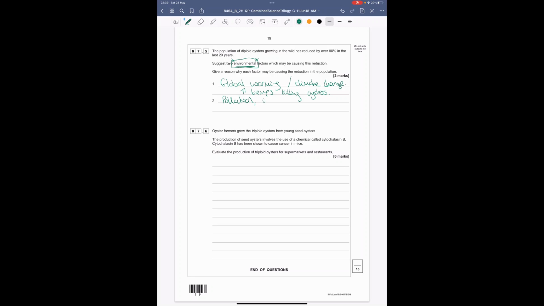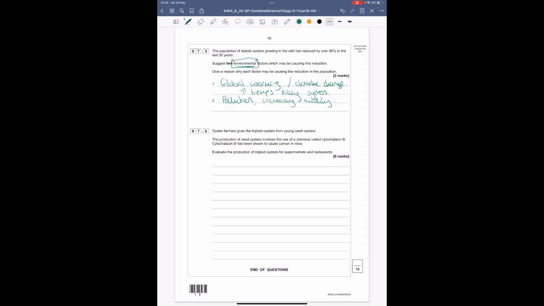It may be increasing acidity, which is causing them to die or stop reproduction. You could also say that this is effectively thinking of reasons that are stopping or potentially even causing extinction. You could say there are new predators, or new pathogens, or new competitors as well in the ecosystem.